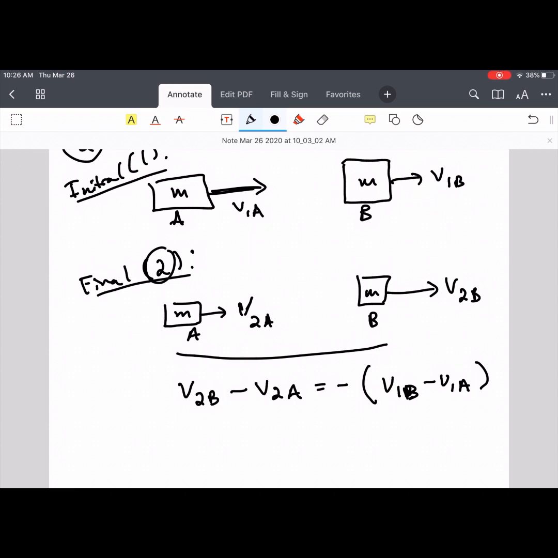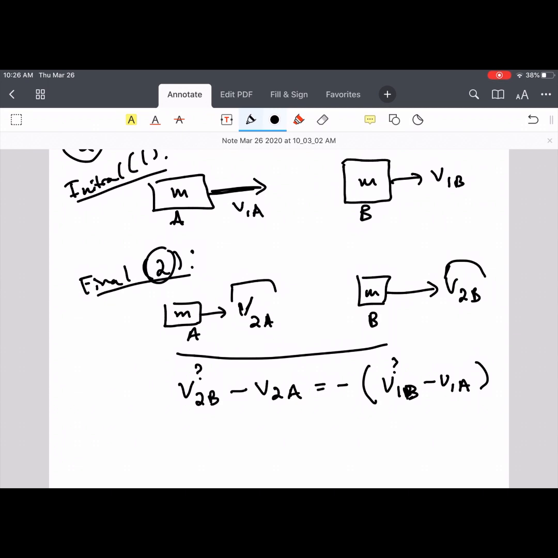Okay, so this is one of our equations. We want to solve for the actual values of V2A and V2B in terms of V1A and V1B. So we're not quite there yet. We have two unknowns and only one equation. Let's say I want to solve for these unknowns. I need one more equation.